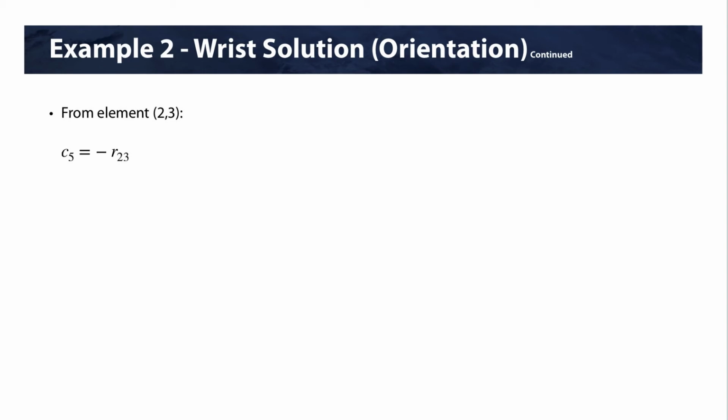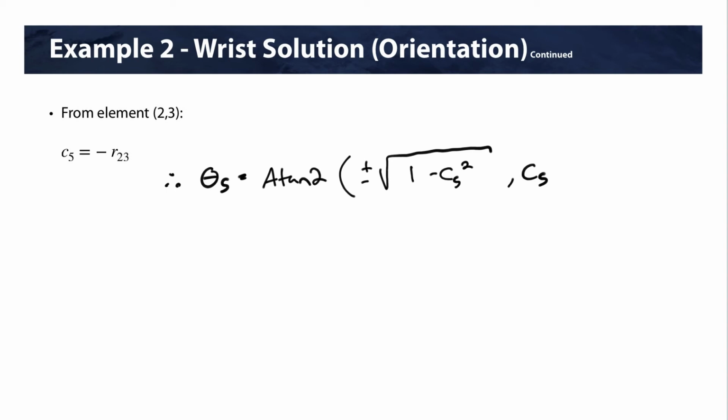All right, so right away we know that theta 5 is just going to be the atan2 of plus or minus the square root of 1 minus C5 squared, C5, all right, where C5 is just minus R23, so we can actually just substitute that in just for completeness.